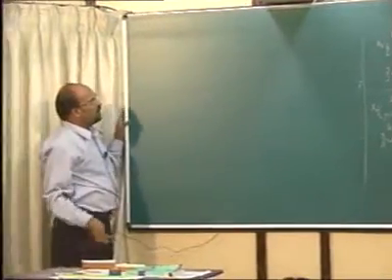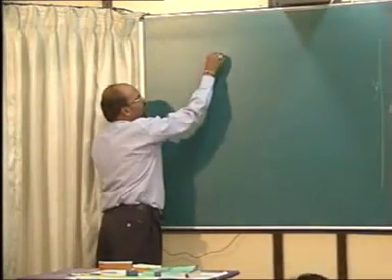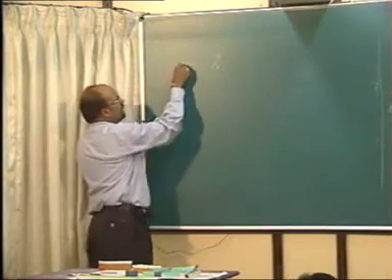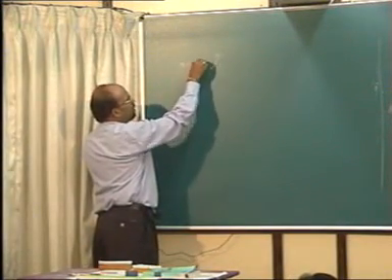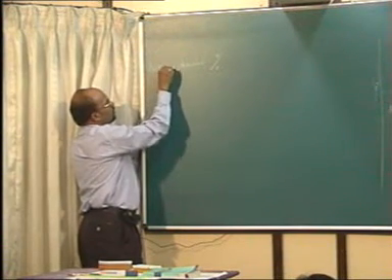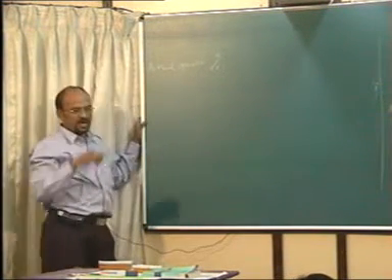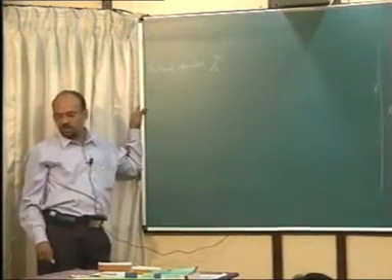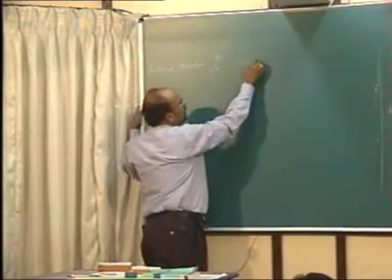Let us learn something new. There is an operator called as percent. This operator percent is an arithmetic operator again, like your plus, star, minus and slash, but can be used only with integers.